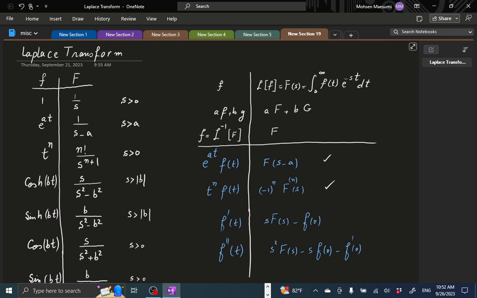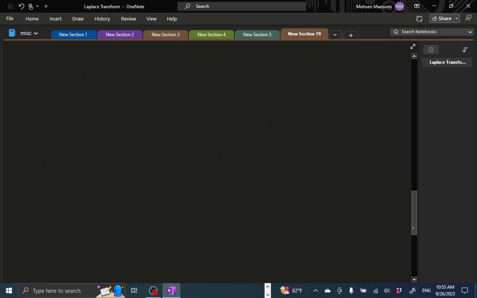It turns out it's related to the Laplace transform of the function itself in a rather simple way. And that is what makes Laplace transform so useful for solving differential equations. So let's go ahead and see what happens in this case.